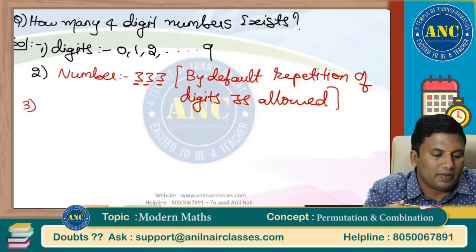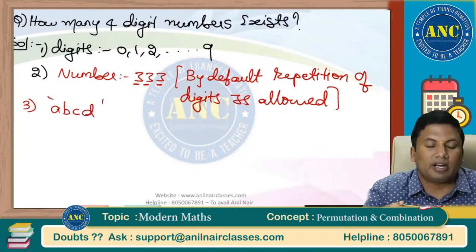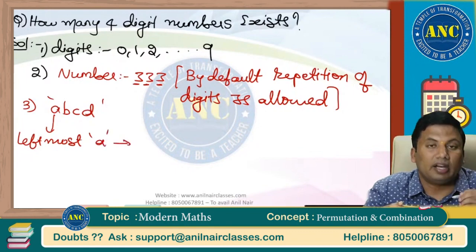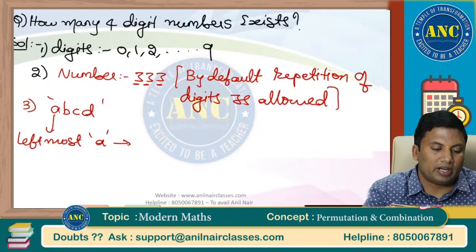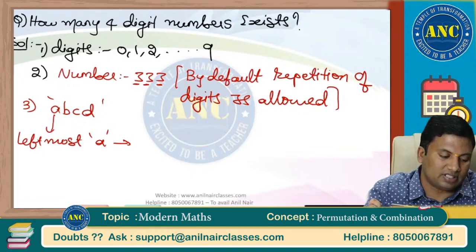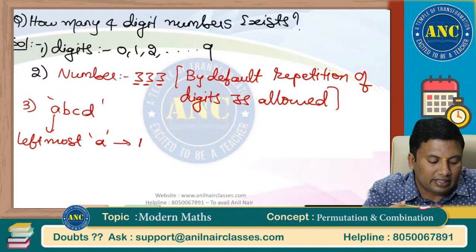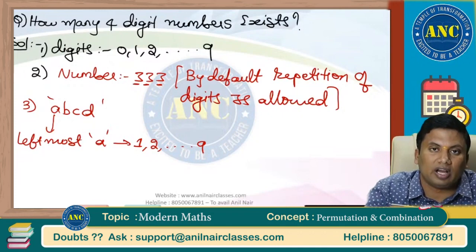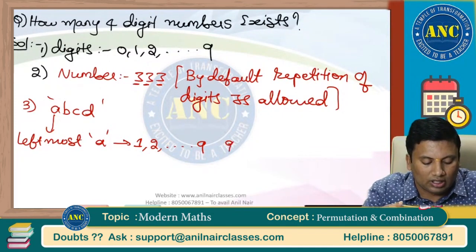Third key point. Because it is a 4-digit number, the form of that number is ABCD. Leftmost is A. Leftmost cannot take 0 to become a 4-digit number. There is a case where it will take 0, that also we will see. A can take any digit from 1 to 9, so total 9 cases.